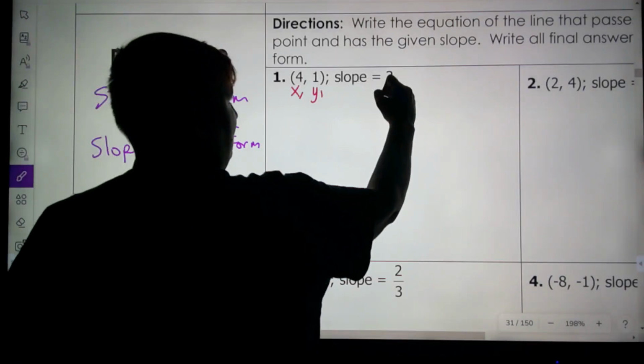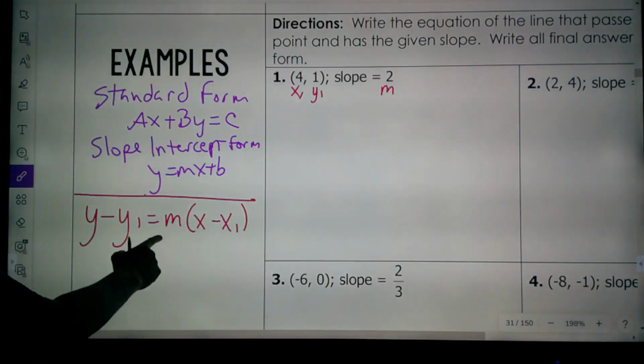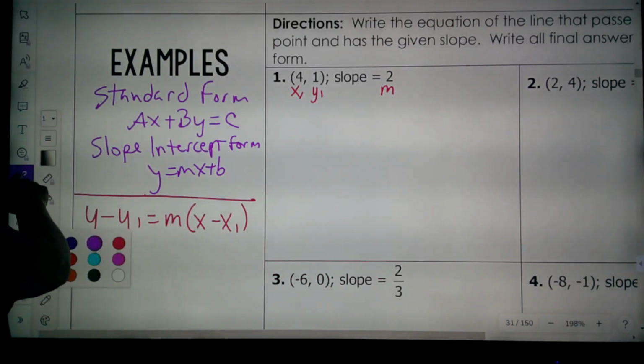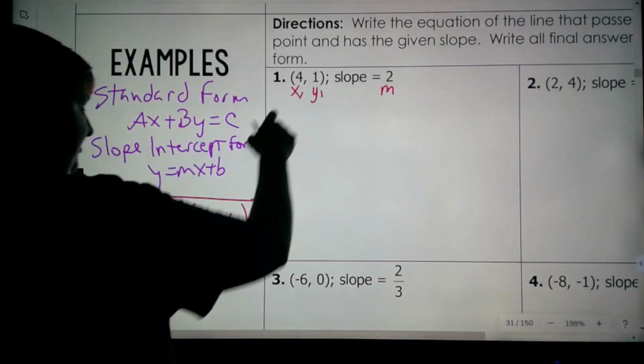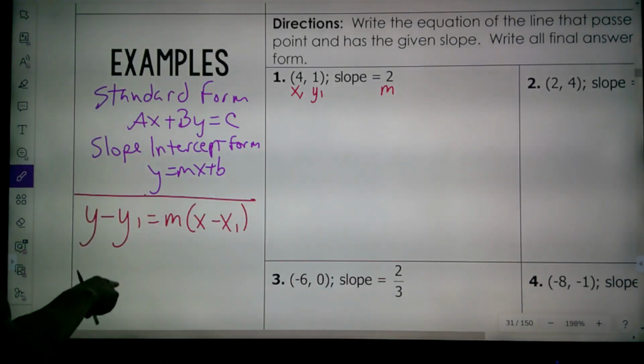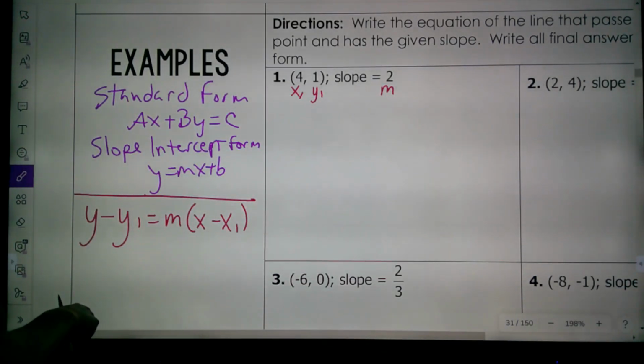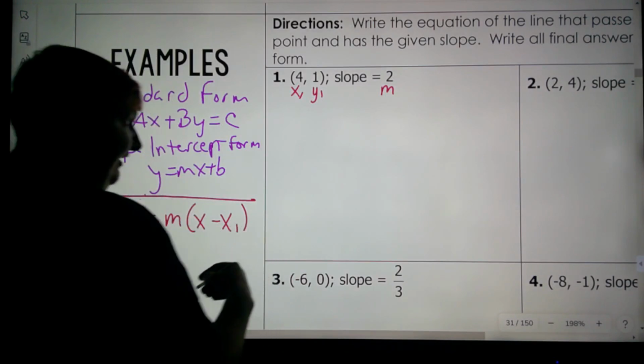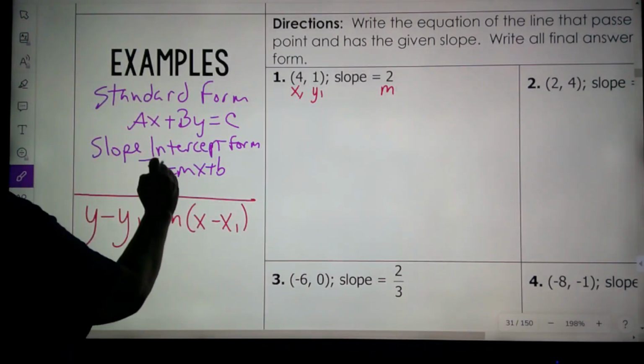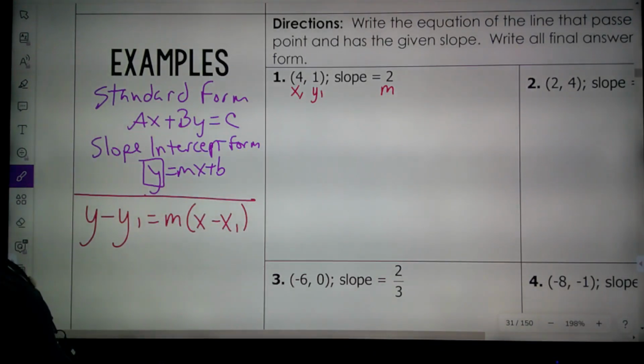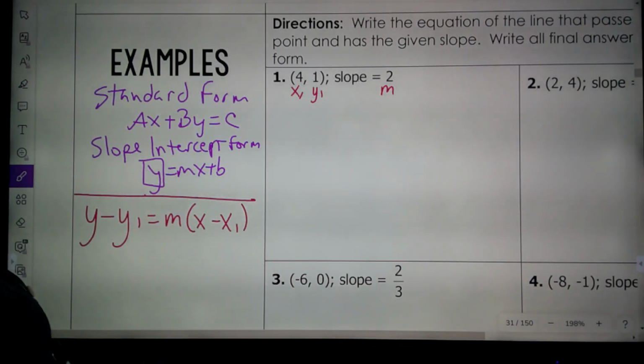And this is your slope, this is your m. All you have to do is substitute this information into this formula and solve for y. Because we want to end up at y equals mx plus b, so we have to isolate the y.